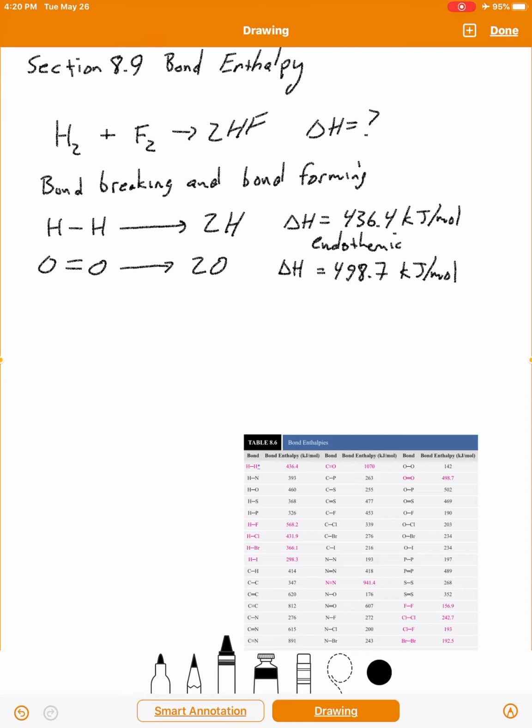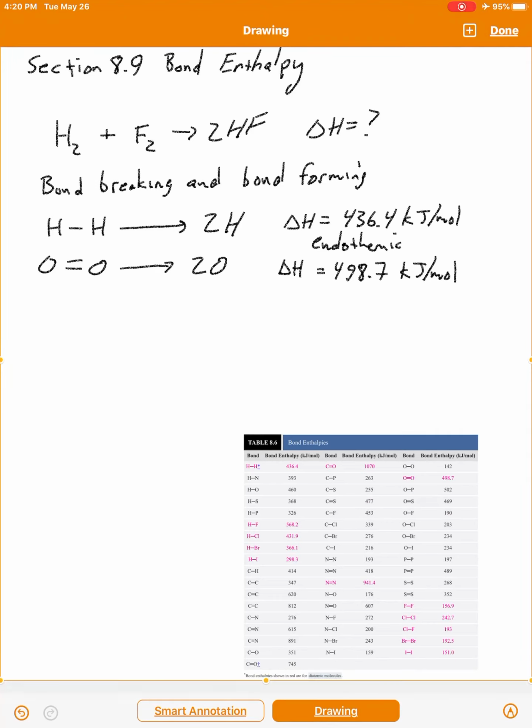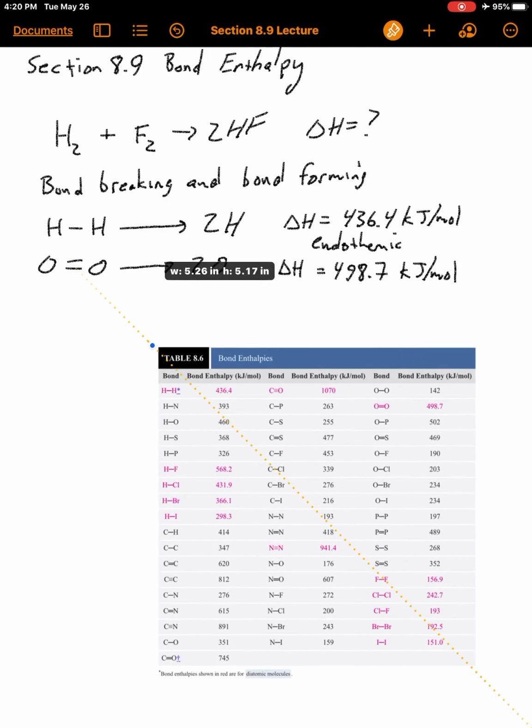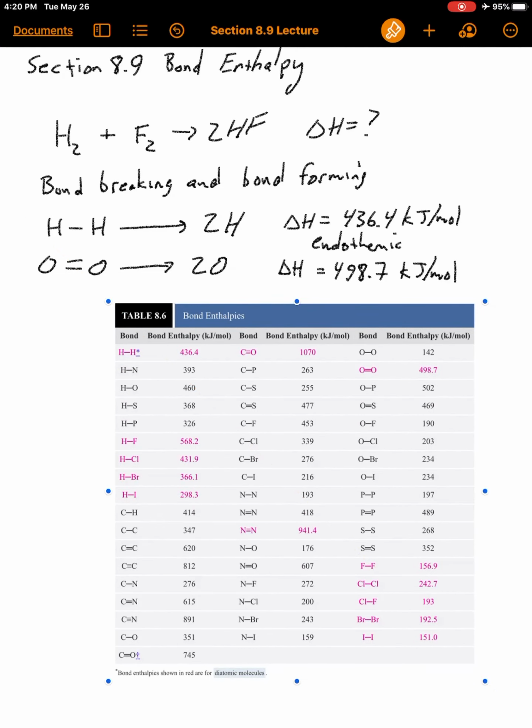If you take a look at table 8.6, you'll see a bunch of tabulated values. Hydrogen, H2, is at the top there, 436.4 kilojoules per mole. Oxygen-oxygen double bond, 498.7 kilojoules per mole.